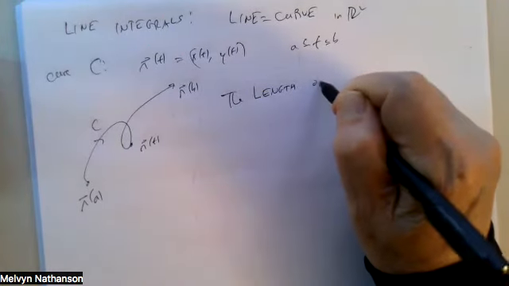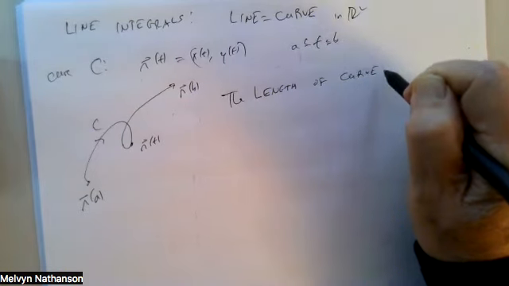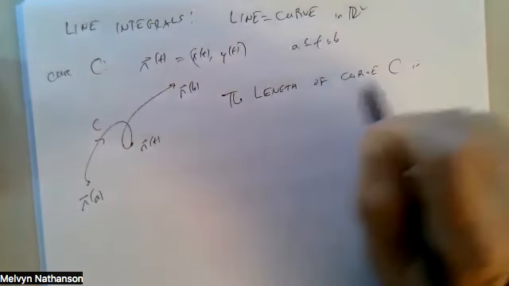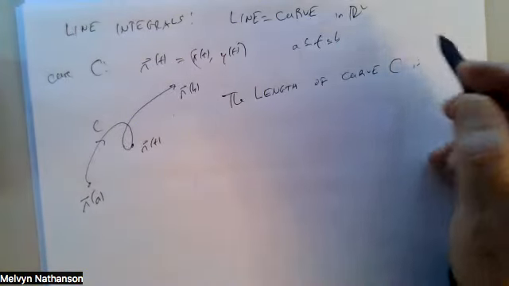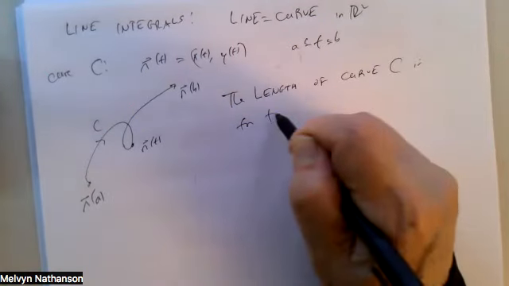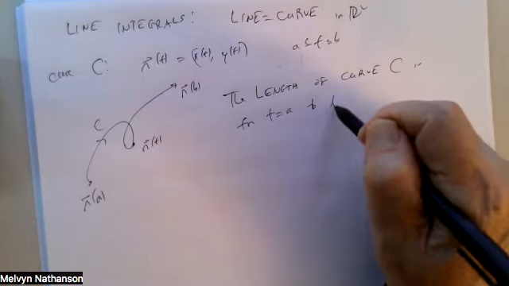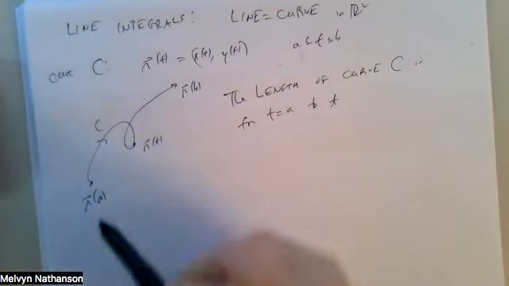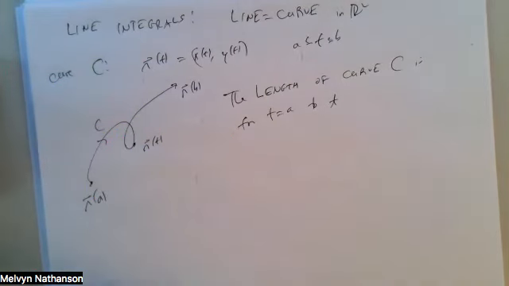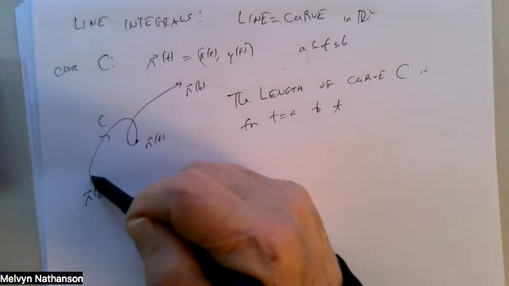And the length of the curve C, let's say the length of the curve C from t equal A to some number t. If you want to think of this as a particle moving at time t, at time A, here's where the particle is.